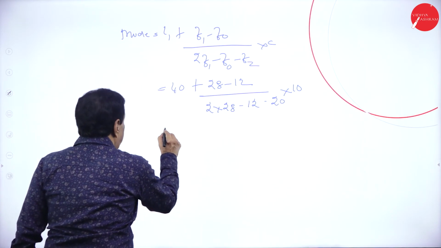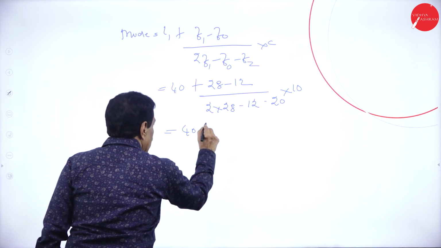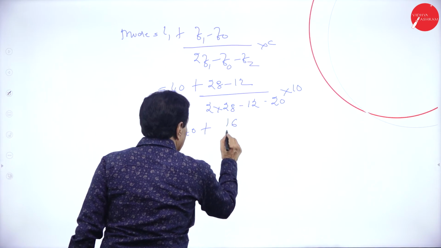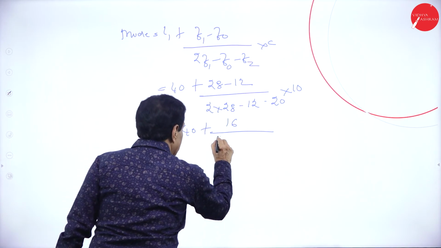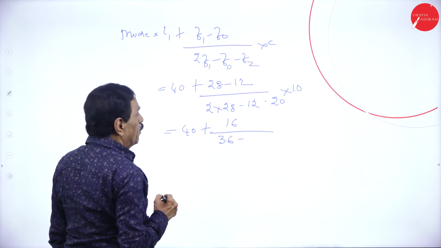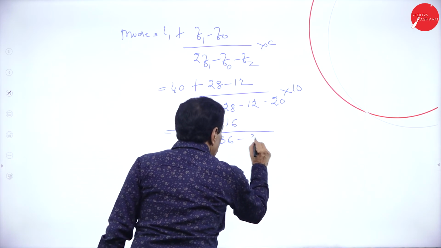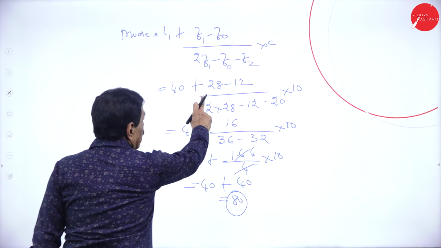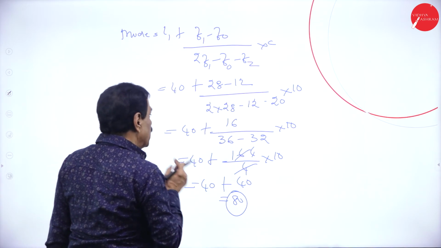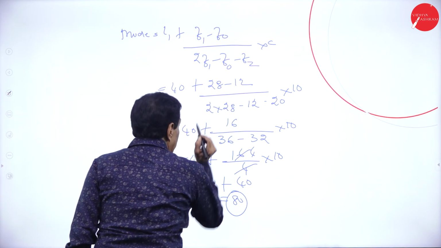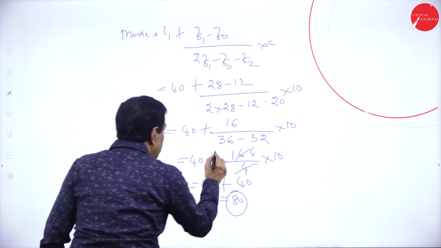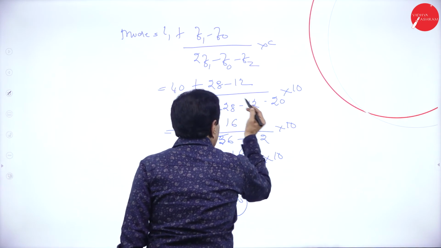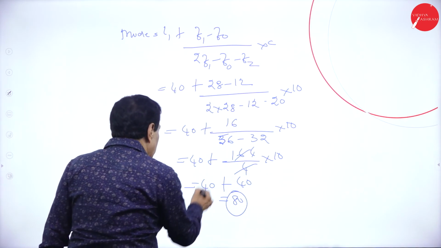Apply 40. 28 minus 12, that is 16. 28 twos are 56, minus 12 minus 20 is 32, into 10.